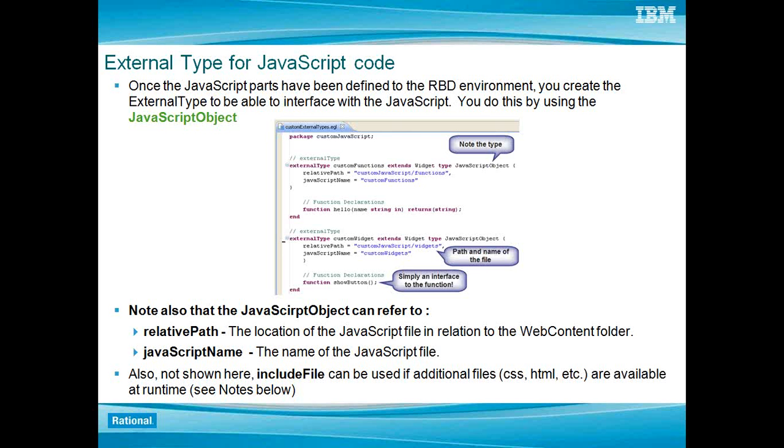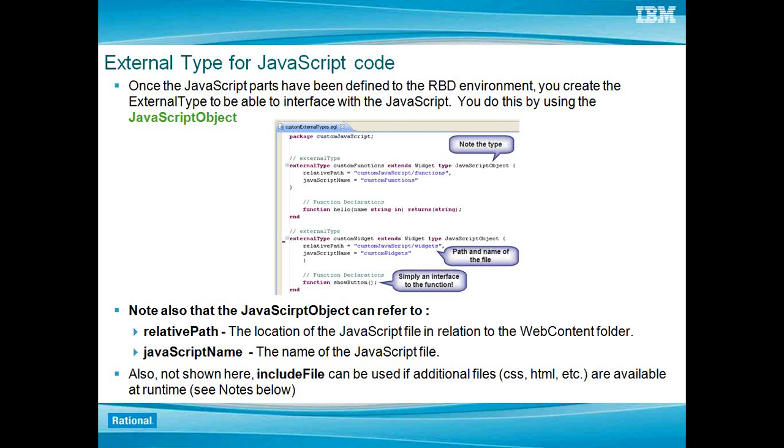For example, inside of our JavaScript file, we are using some other CSS properties or some other values or HTML tags. Then we can include those files using the include file attribute.